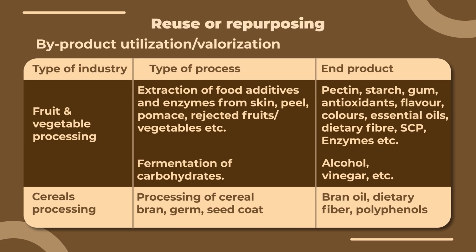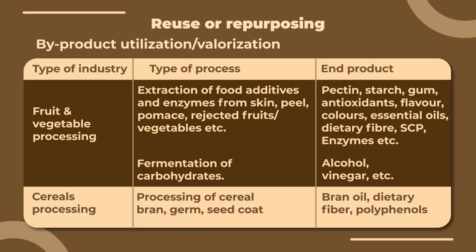So, for example, from fruit and vegetable processing, we can have byproducts like the skin, peel, pomace, and rejected fruits and vegetables. These can be processed for the extraction of food additives or enzymes, like pectin, starch, gum, antioxidants, color, flavor, essential oils, dietary fibers, single cell proteins, enzymes, etc. All these are value added products which can be produced from these food wastes or byproducts.